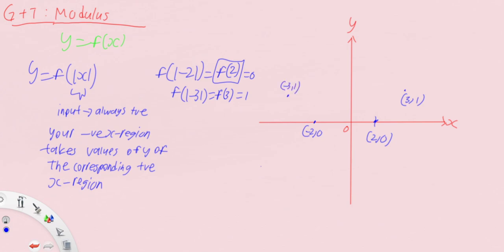Alright, so as you notice, it's basically the reflection of the positive x graph about the y-axis. Of course, you keep the side for the positive x, because we're always going to have positive x values. It's just that now the negative x values would take the corresponding y values of the positive x side.